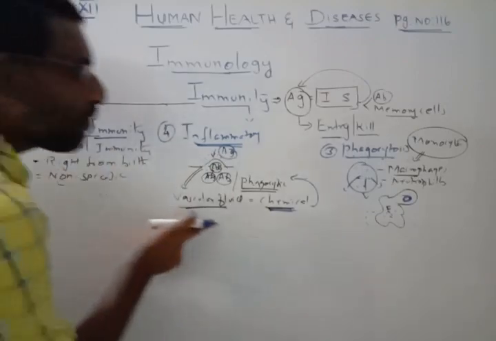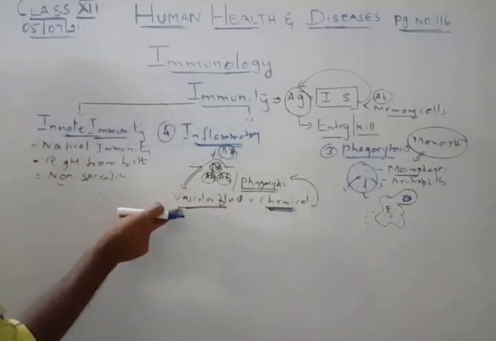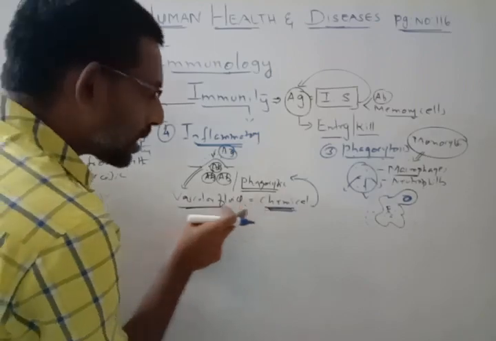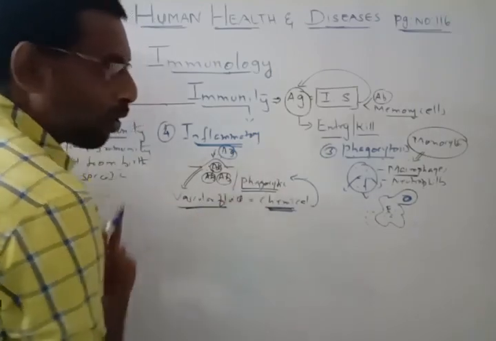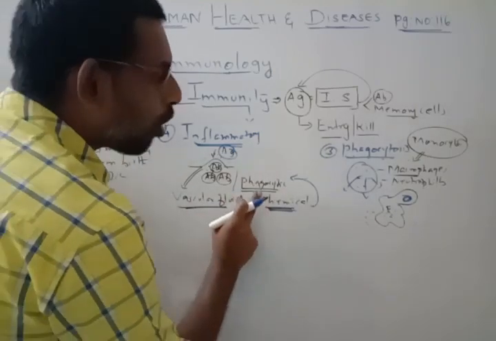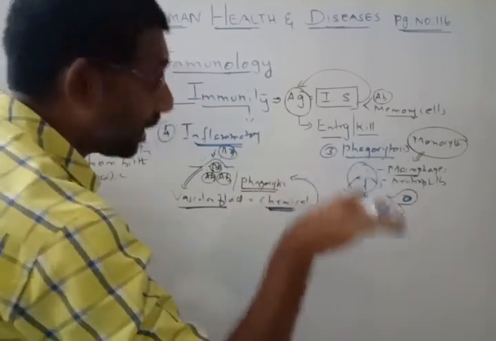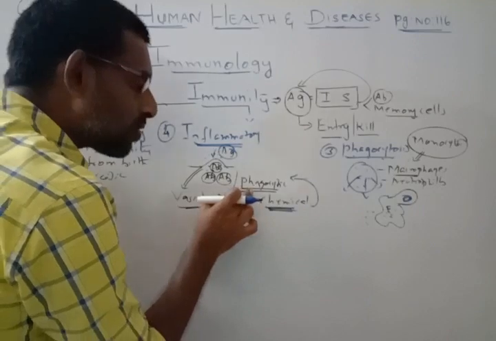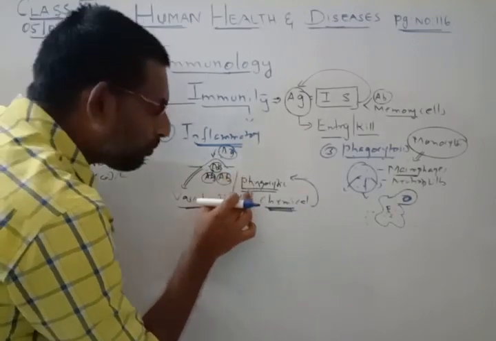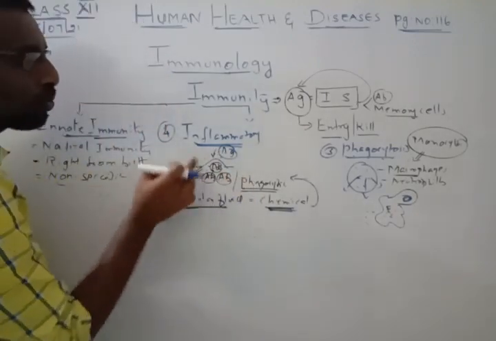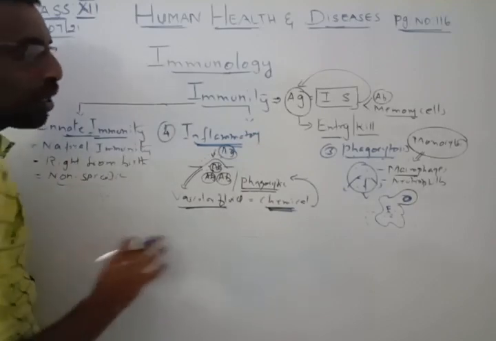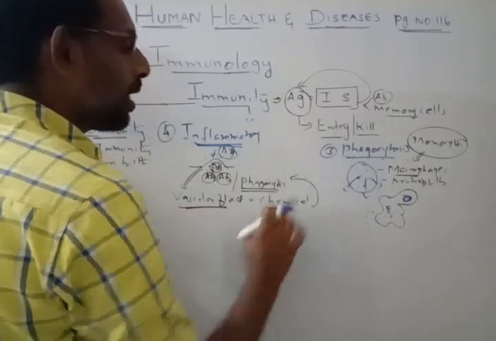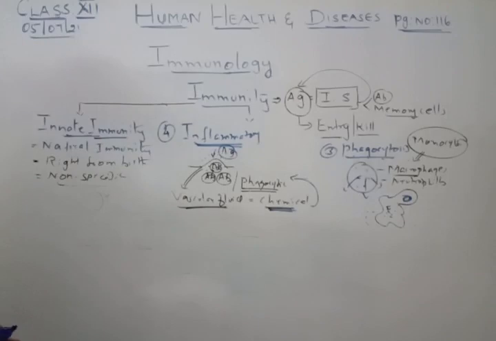Who is giving the signal? The chemicals in the vascular fluid. To whom? To the phagocytes: macrophages, neutrophils, and some dendritic cells that we will study later. The phagocytes then increase to destroy the antigen. Since the chemical gives the signal, it is called chemical alarm signals.